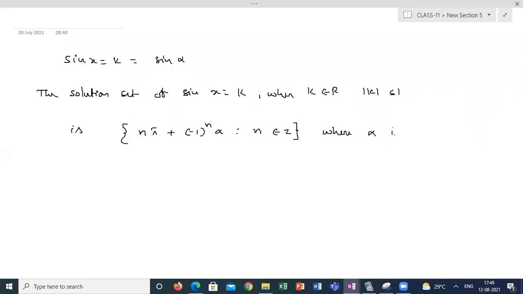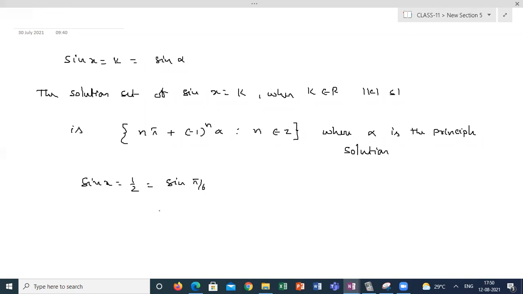This is the important thing, the principal solution, for us. Is it clear, guys, how I am writing? n pi plus minus 1 whole power n alpha. Suppose I am taking sin x is equal to 1 by 2, the principal solution of 1 by 2 is sin pi by 6.